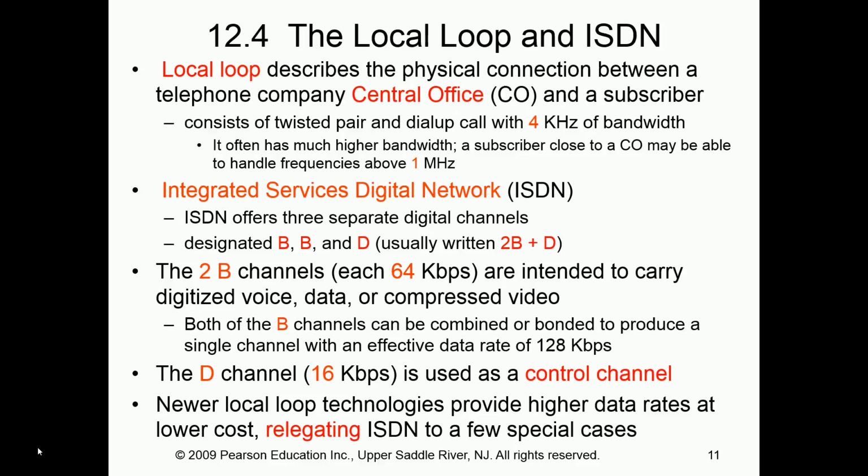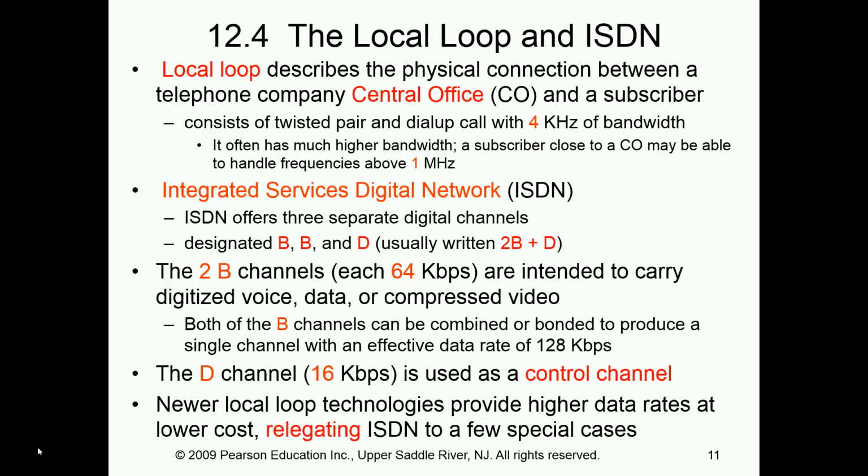What they would do, if that was not fast enough, is allow you to bond some of the cables together. For an ISDN, it's 2B and 1D lines. So 2B plus D. So then the next question is, what's a B line? A B line is actually a 64 kilobit per second connection.